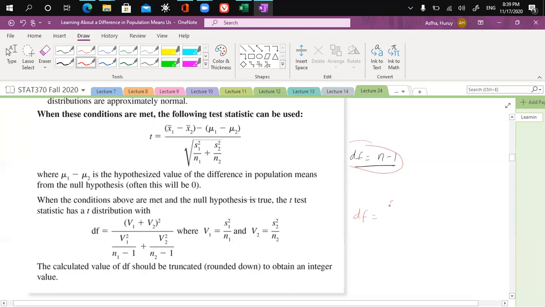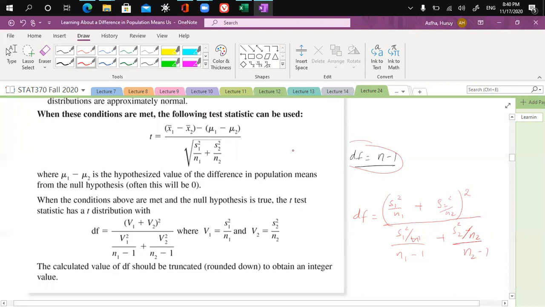So this is basically s1 squared over n1 plus s2 squared over n2, the whole square, over s1 squared over n1, over n1 minus 1, plus s2 squared over n2, over n2 minus 1. Yes, so this is complicated.